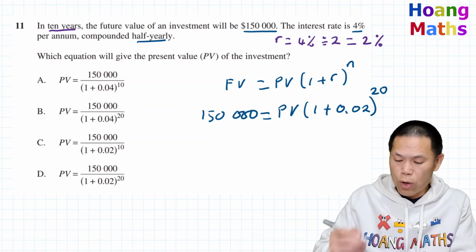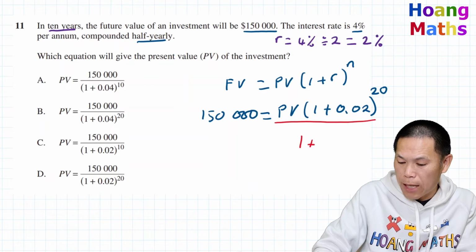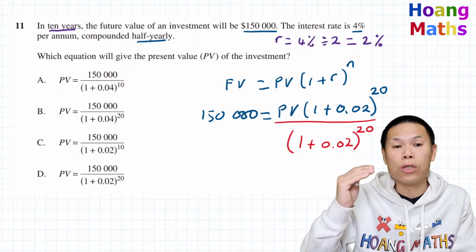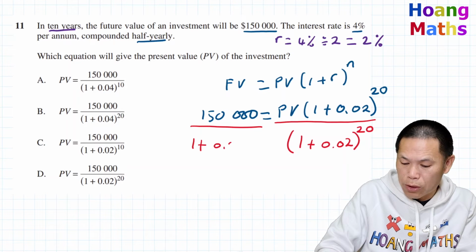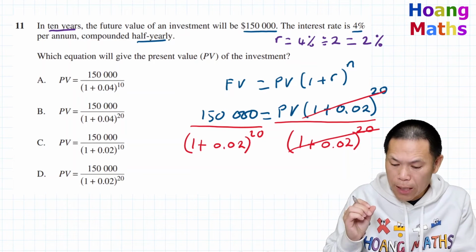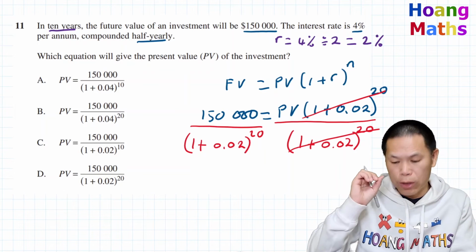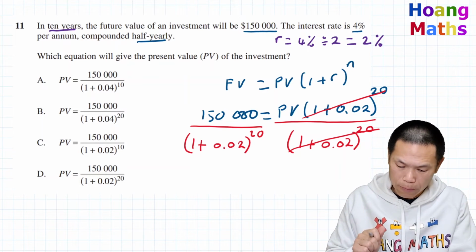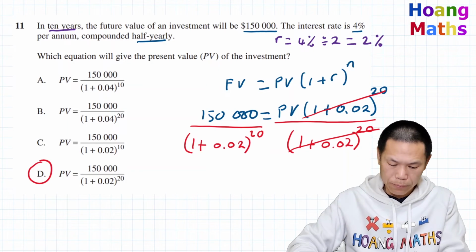Now to work out the present value, we divide by this bracket, 1 plus 0.02 to the power of 20, and we do the same on the left hand side. So this cancels out, which means PV is equal to 150,000 over 1 plus 0.02 to the power of 20. So the answer should be D.